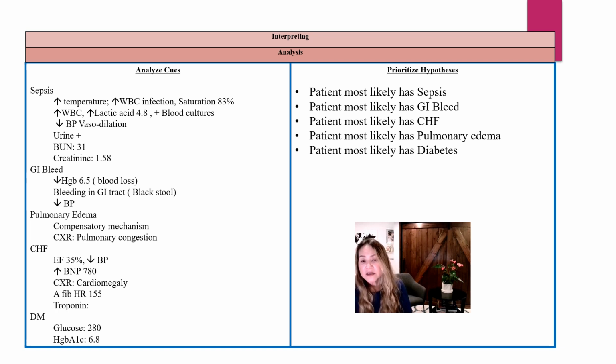GI bleed: what are the cues for us to analyze and come up with the idea that the patient has a GI bleed? Well, his hemoglobin is 6.5, which is really low. His stool is really red and bright, and the BP is low. Also, we know this patient is an ETOH patient.